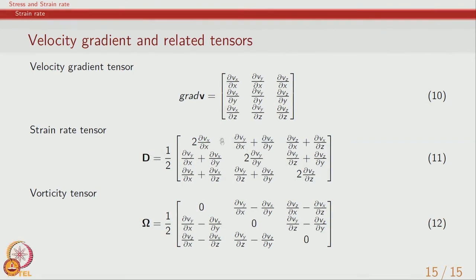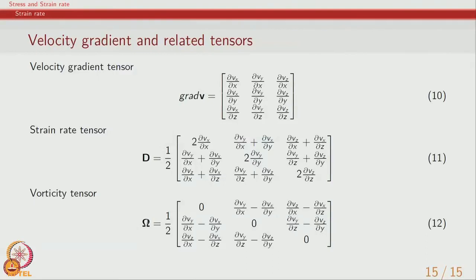So, we will have del V x by del y, or in this case del V theta by del r, as the non-zero component. And of course, the gradient of V tensor, as we saw earlier, contains information about both rotation and deformation. That is why we split the velocity gradient tensor into the strain rate tensor, which contains information only about deformation, and the vorticity tensor, which contains information only about rigid body rotation.